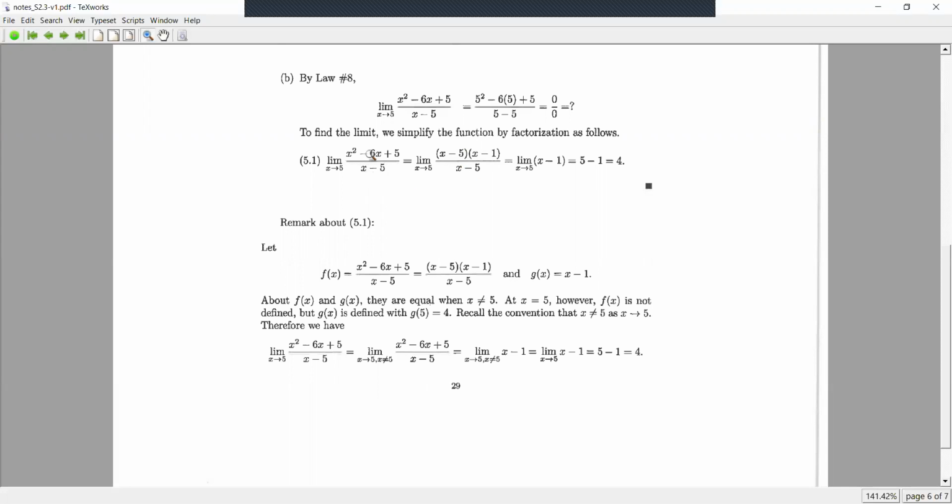Then this function is simplified as x minus 1. So this limit is equal to this limit. Now, how to tell this limit? Direct substitution. Plug in 5 in x, then we get 5 minus 1. It is 4. So 4 is this limit.